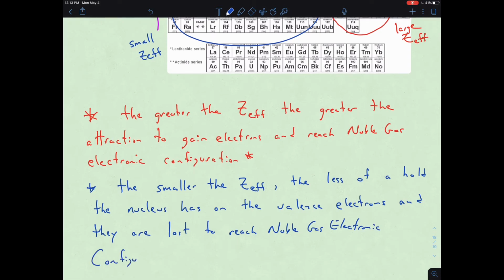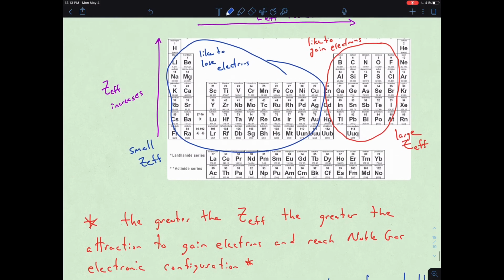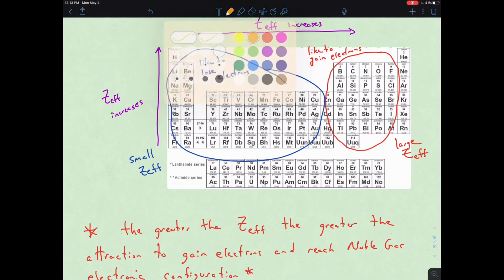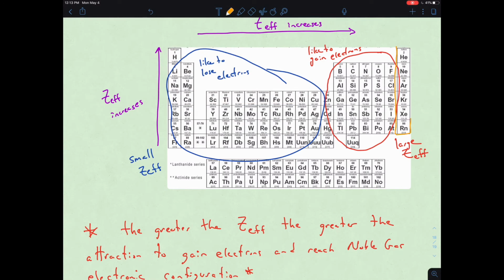So in much the same, now we're trying to lose them to get to that noble gas electronic configuration. So again, I'll scroll back down in a sec, but again, this is the goal that we have off to the left. All right? That's the goal that they want to get to.